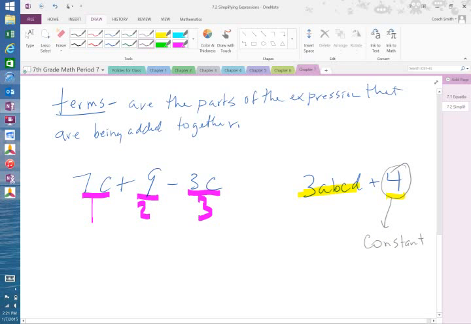What does the word constant mean? Tayshawn? Ongoing. Good definition. What else can constant mean? If I go at a constant speed on my trip, what does that mean, Quade? Consistent. That's another word. Kennedy? Reoccurring. That's another word.